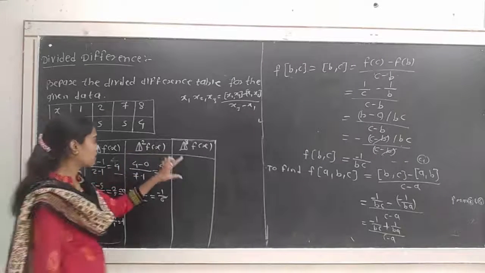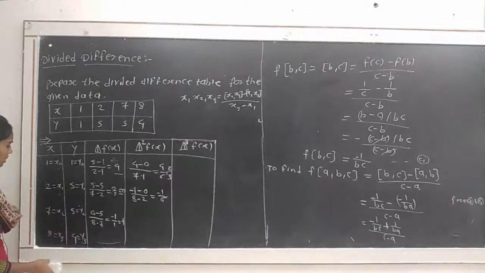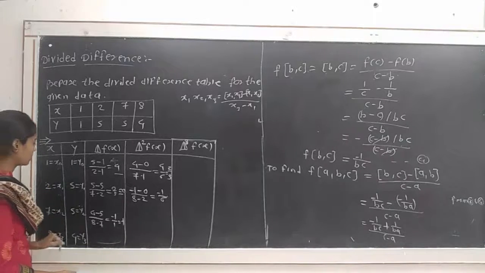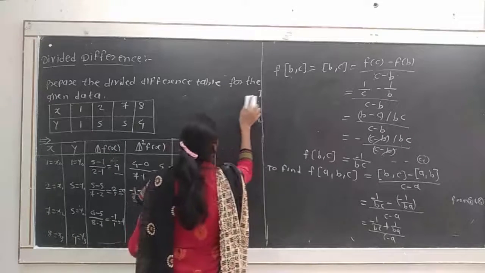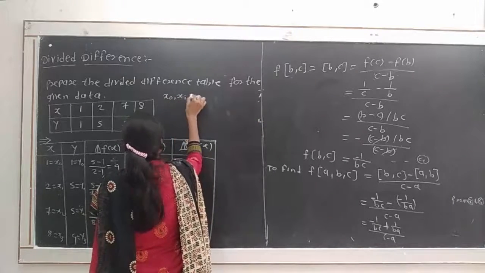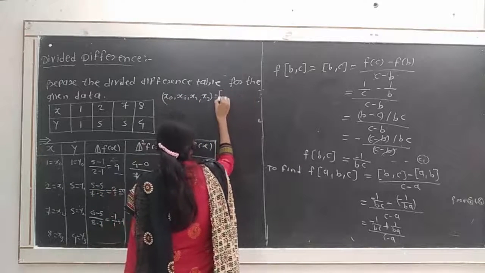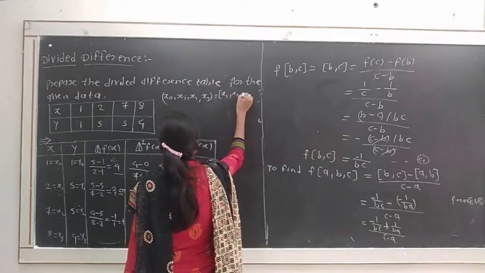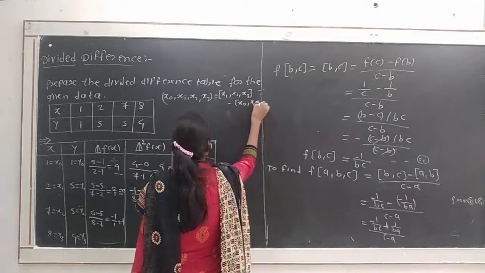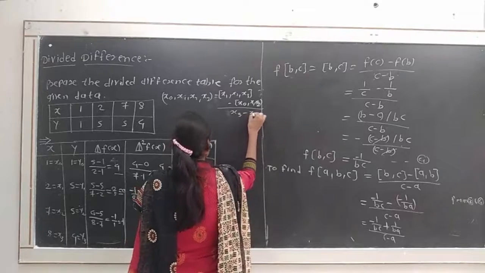Then we find the third divided difference for the argument x0, x1, x2 and x3. For that we consider the four arguments x0, x1, x2, x3. By using the formula, the divided difference for x0, x1, x2, x3 is the divided difference of x1, x2, x3 minus the divided difference of x0, x1, x2, divided by x3 minus x0.